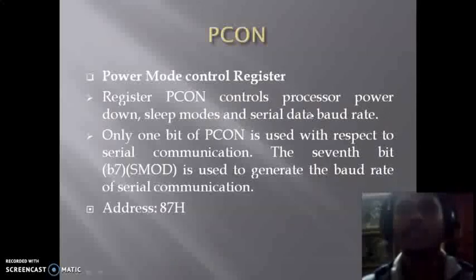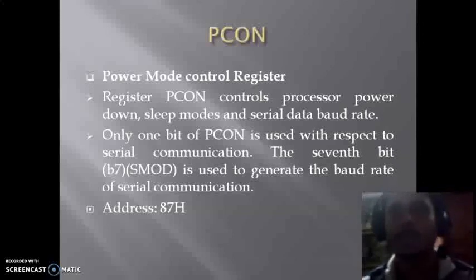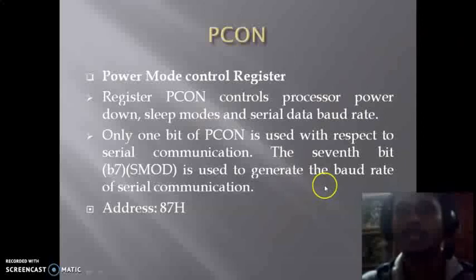And now the PCON register. The 7th bit of the PCON register is used for the baud rate of serial communication. The PCON register basically controls processor power down, sleep modes, and the serial data baud rate. Only 1 bit of PCON is used with respect to serial communication, the 7th bit that I already discussed, used to generate the baud rate.